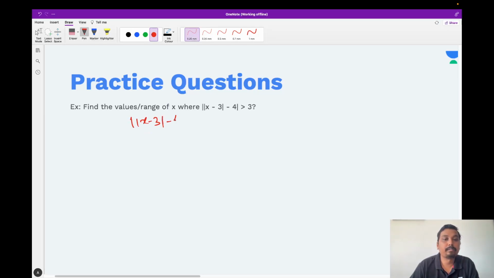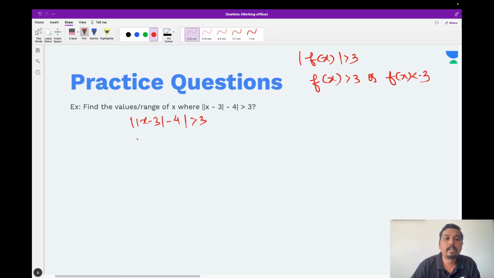Now, simple thing, if you remember this, you are done with this particular question. Mod of fx is greater than 3 or fx is less than minus 3. It is a similar thing, only my fx is this whole function.